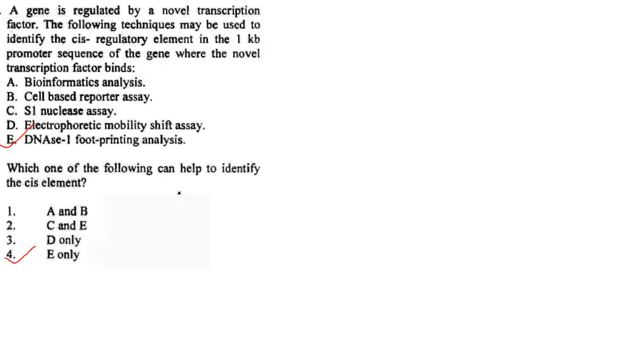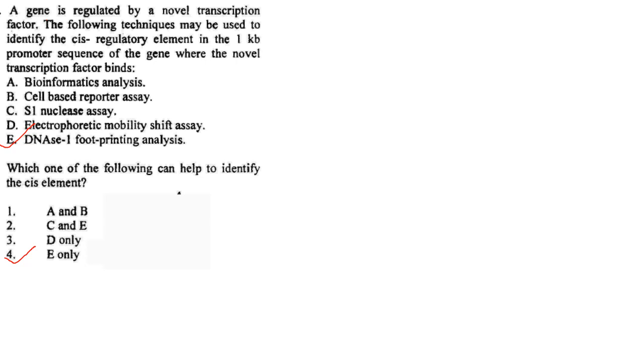Then next one. A gene is regulated by a novel transcription factor. The following techniques may be used to identify the cis regulatory element in the 1 kb promoter sequence of the gene where the novel transcription factor binds.